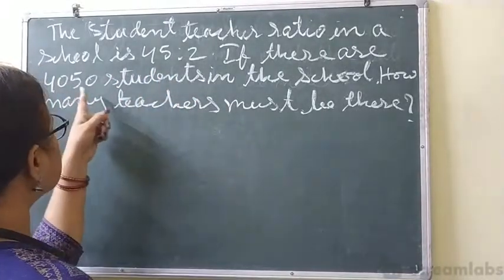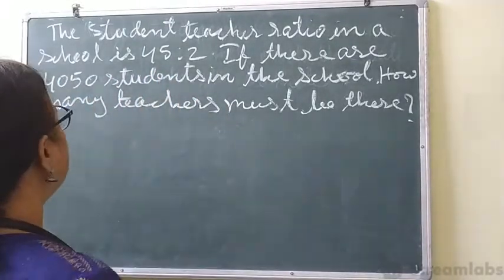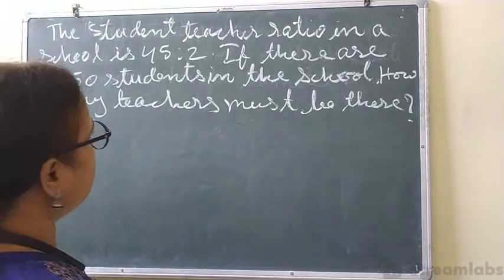If there are 4050 students in the school, how many teachers must be there? Clear? So the question is, the student teacher ratio in a school is 45 is to 2. If there are 4050 students in the school, how many teachers must be there?